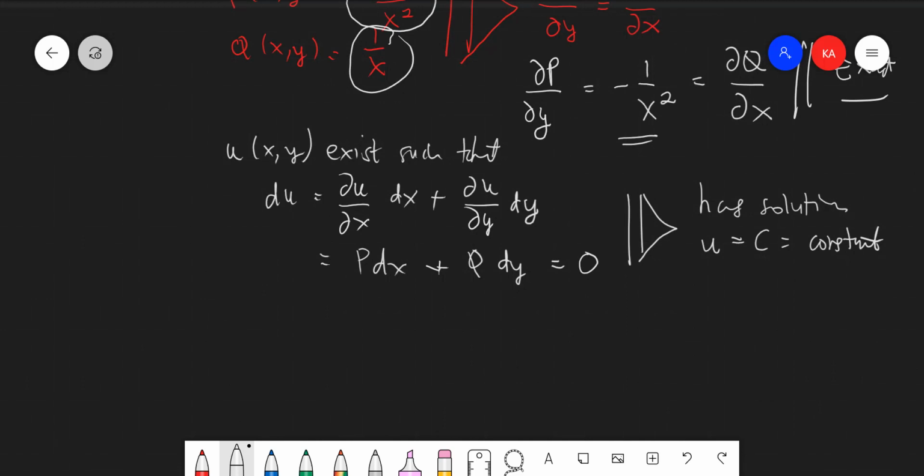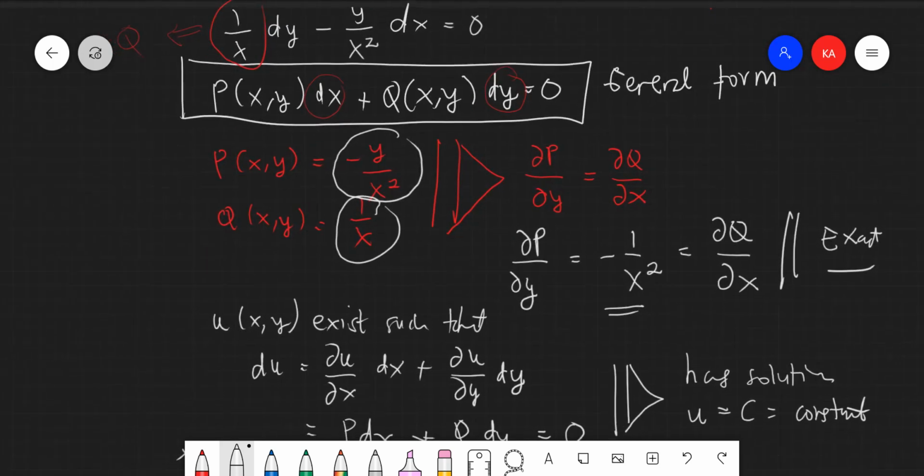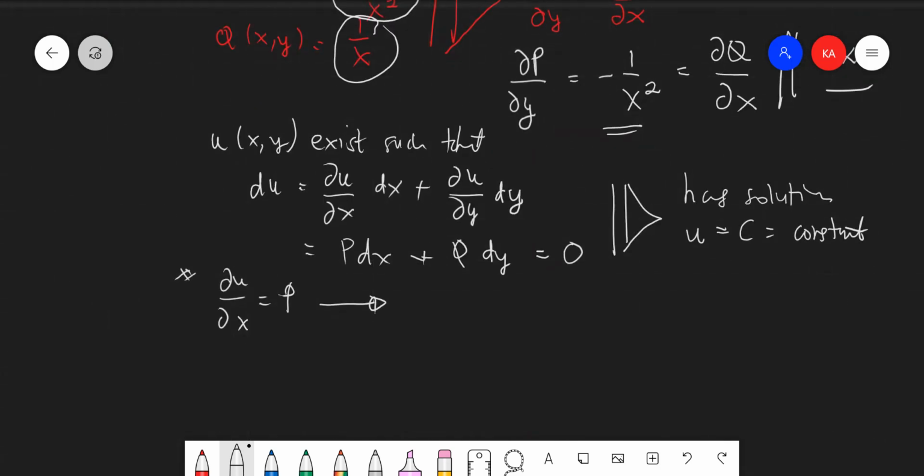First we have ∂u/∂x equivalent to P. As I said before, the P here is y over x, so ∂u/∂x is minus y over x squared.